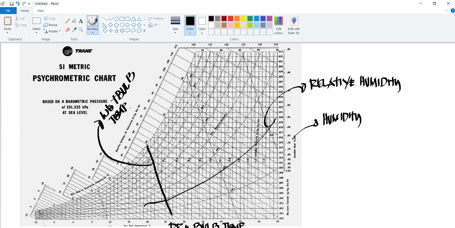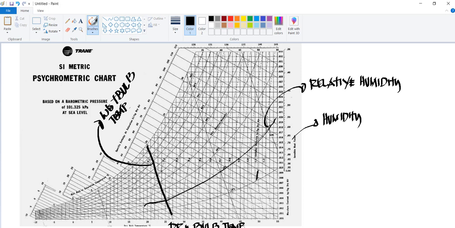Okay, let's start. The specific volume is usually not shown here. Usually that is the line going on the other side, so it is not shown here.